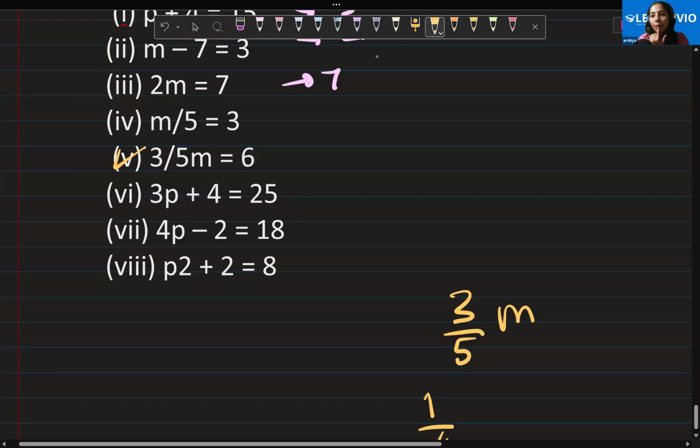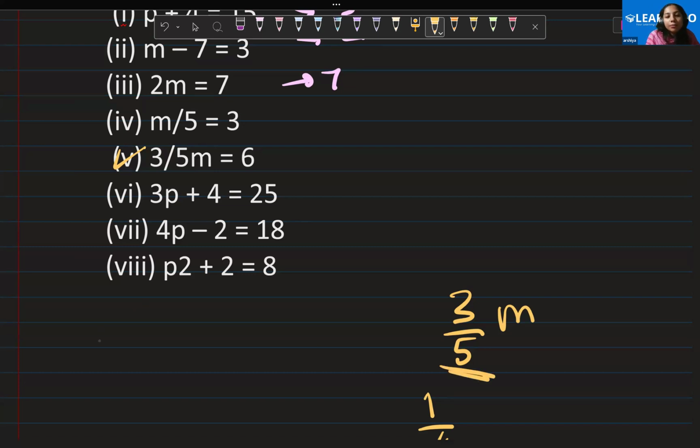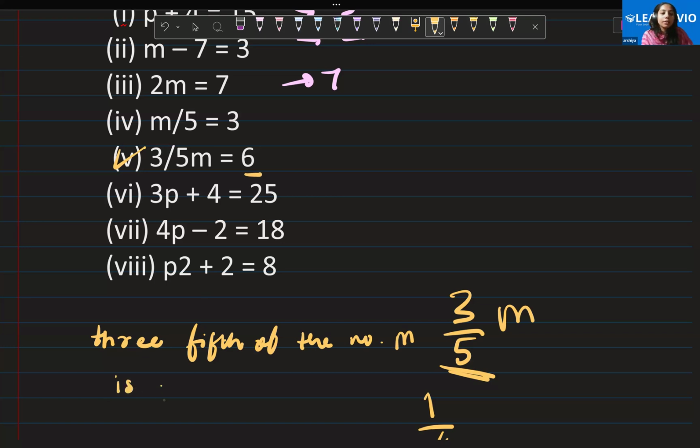Zainab, for you, I'll explain it again. So what is the number 3 by 5? I will call it 3/5. So it will be written as 3/5 of the number m. 3/5 of the number m is equal to 6. It's equal to 6.